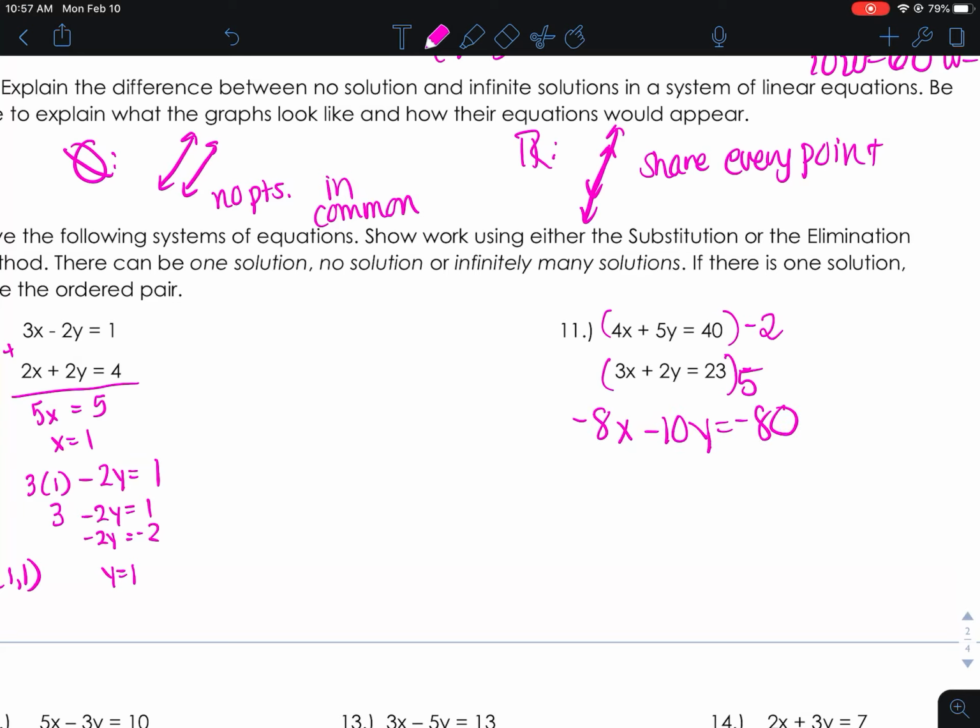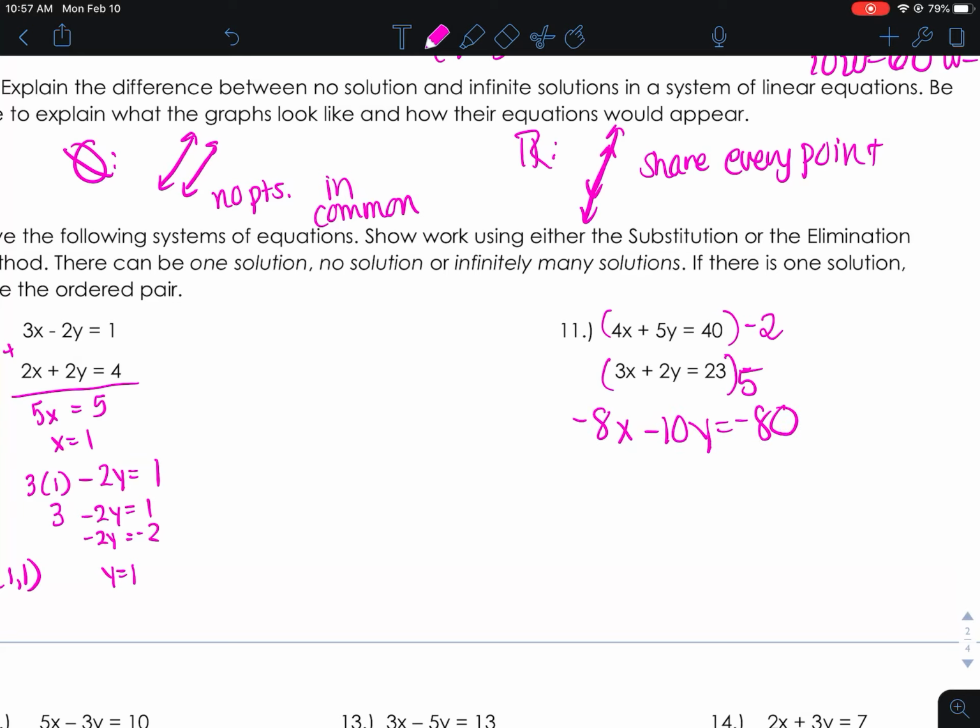And then that would be 15x plus 10y equals 15 and 100, so 115. And then if I add them up, the y's cancel. I got 7x is equal to 35. And then divide by 7, so you're going to get 5 to be your x.